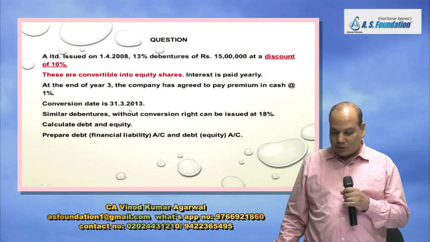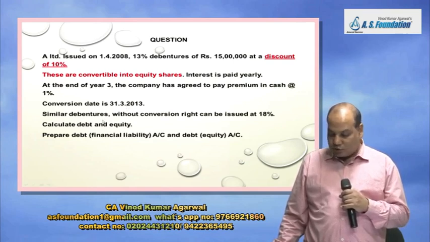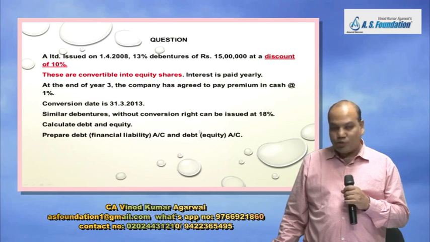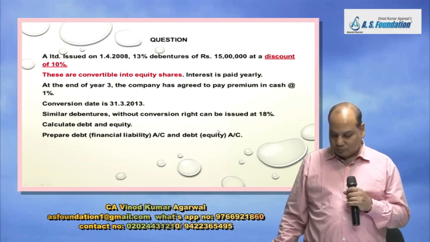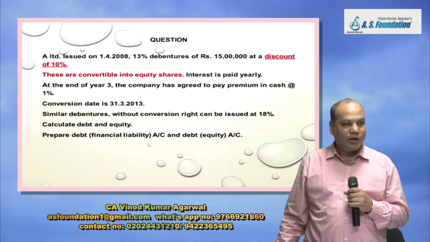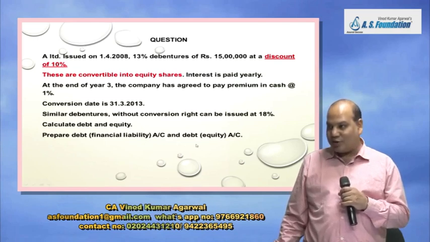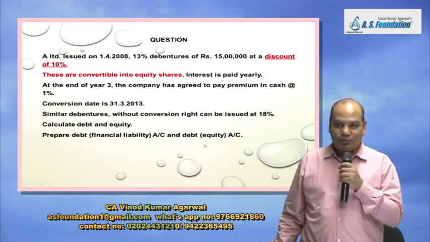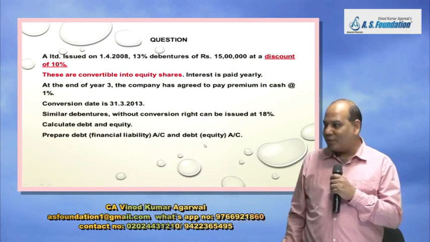Conversion date is 31st March 13. So how many years are involved? 5 years are involved. Is it 5 years? Similar debenture without conversion right can be issued at 18%. Calculate debt and equity. And this time the question has asked you to prepare the debenture financial liability and debenture equity account. It's a 5-year problem.